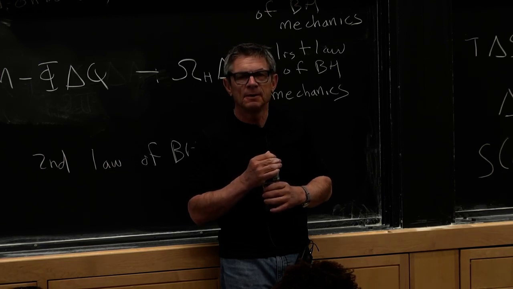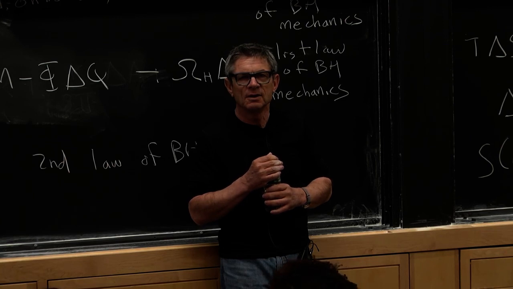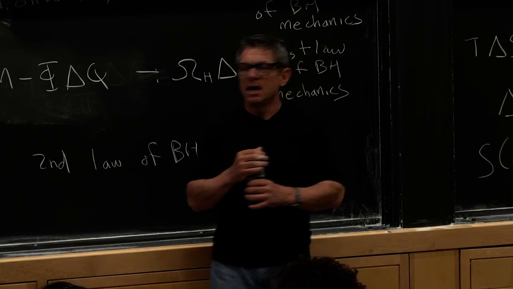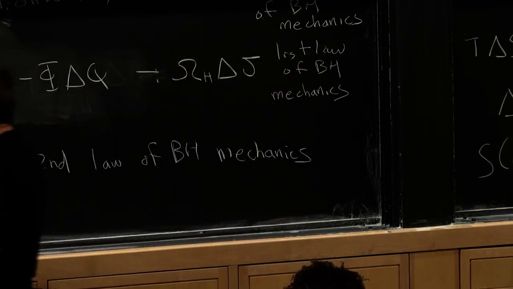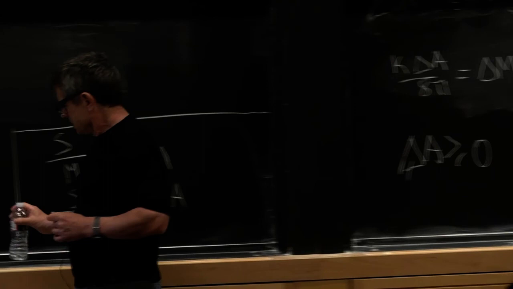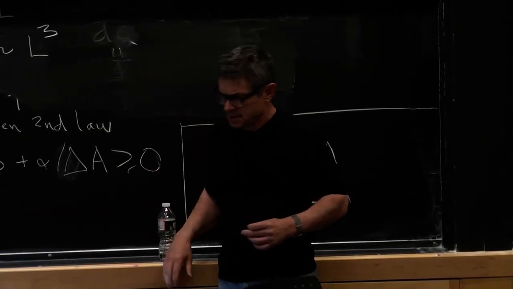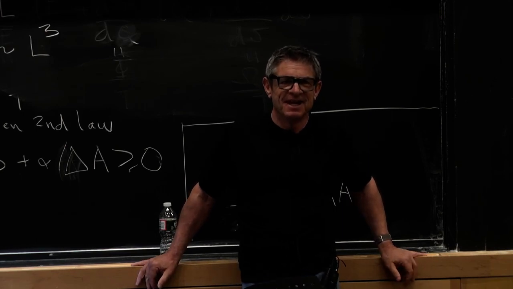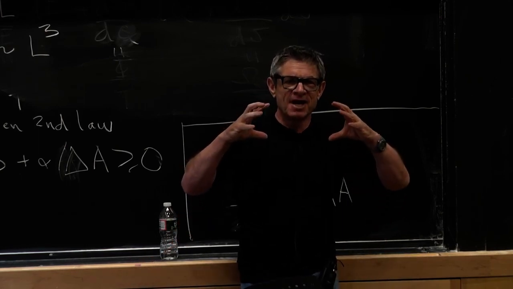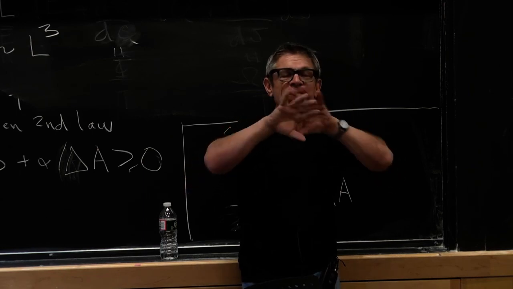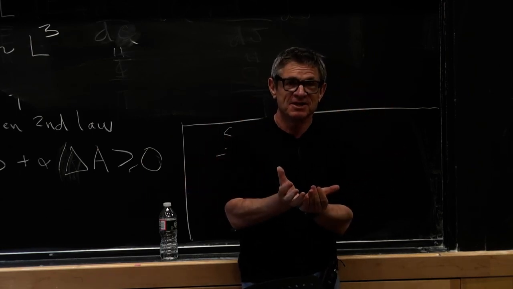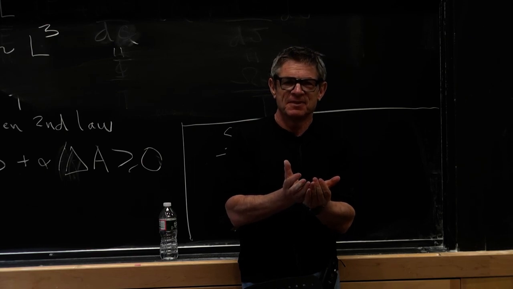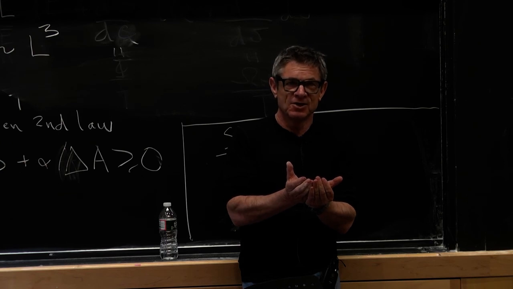Can you explain again how the second bound translates to the generalized second law? Well, the logic is that if there were no upper bound of any kind on the entropy that you could jam inside a region bounded by a surface of area A, then you could violate the second law.